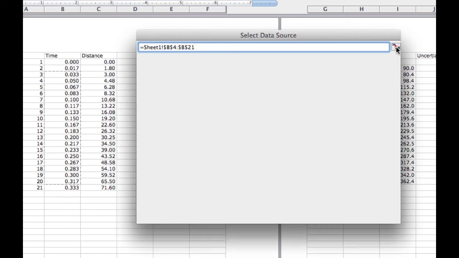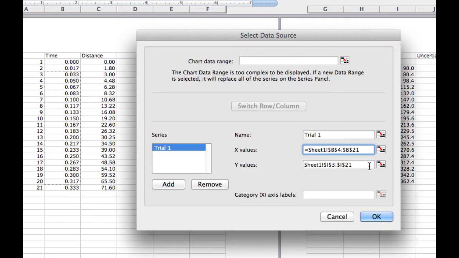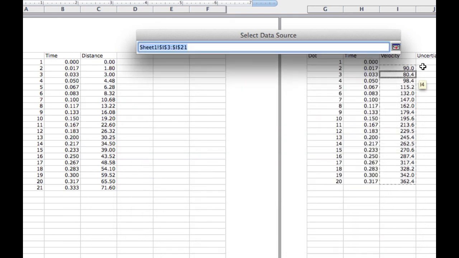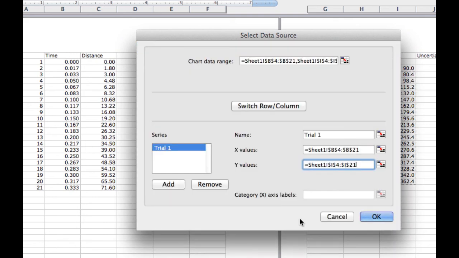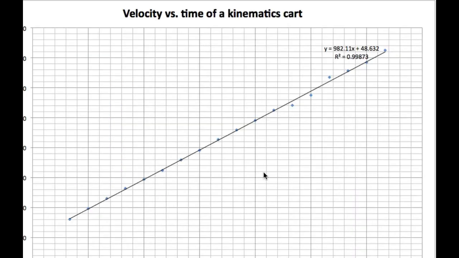And then I click this again to lock it in. Then I need to do the same basic thing for the next one, from over here. There we go. And that's okay. And now you can see it's just cut out that first point.